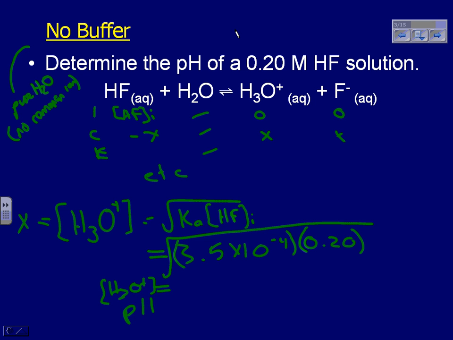Do not clear your calculator and get me eventually the pH. And that's not here, so we need some calculator people to step up. And we'll take the numbers when you get them.